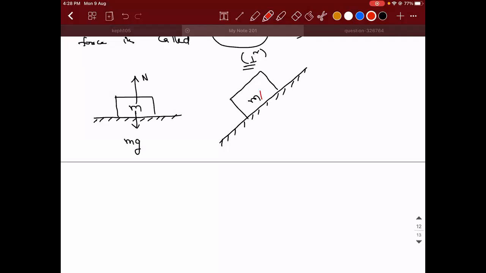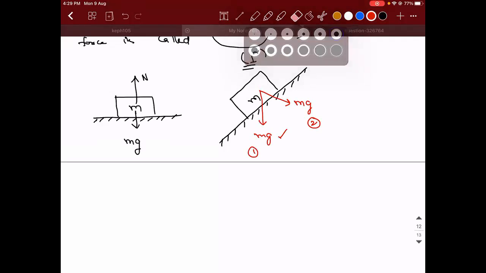In this case, tell me which one is right? First option or second option? First option, sir. Because mg will always act in the vertically downward direction. This I've told many times.